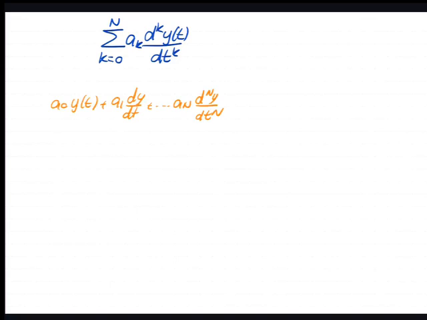Okay, so that's the left-hand side of the equation. The right-hand side is the effect of the input, and that's usually described by similar terms. Again, an index k goes from 0 to m this time. b sub k, kth derivative of the input, d to the k.